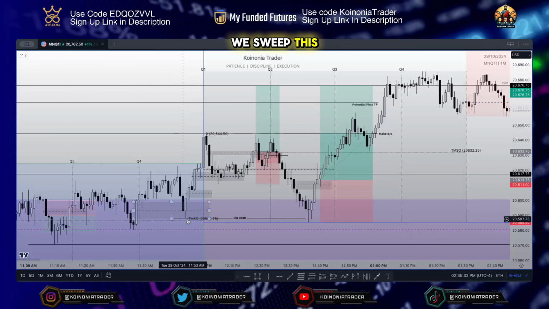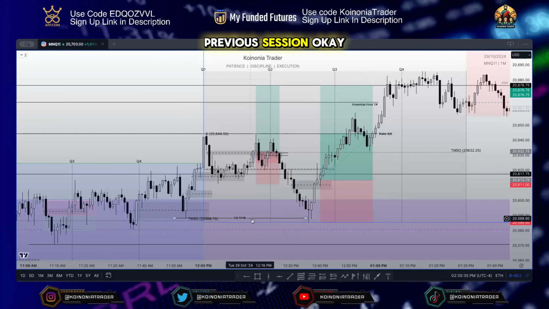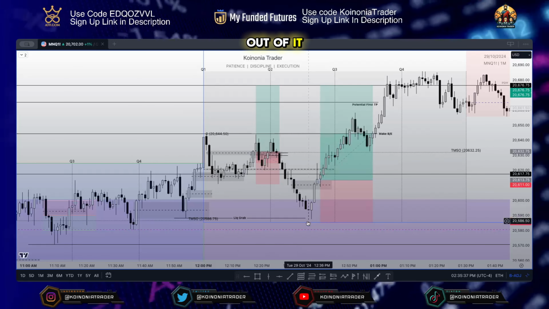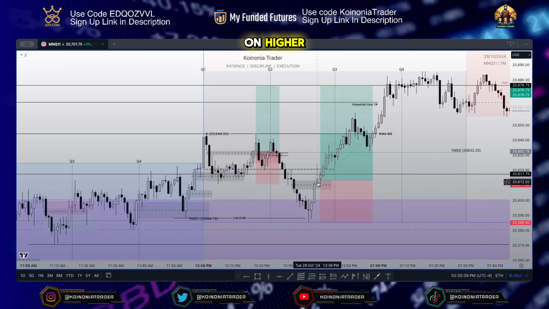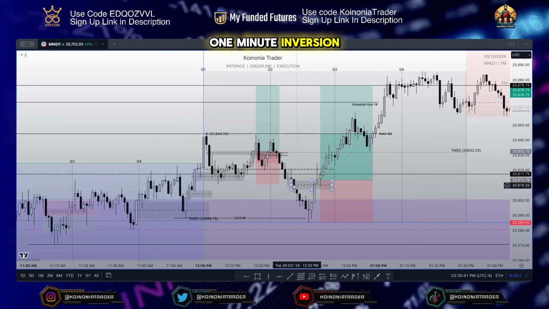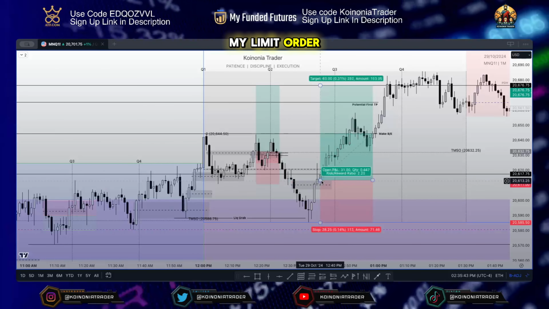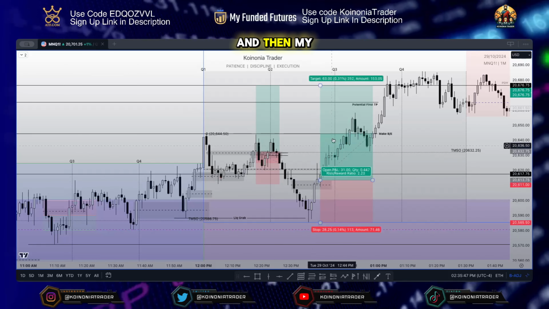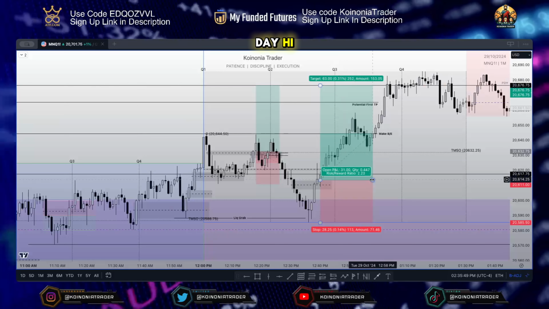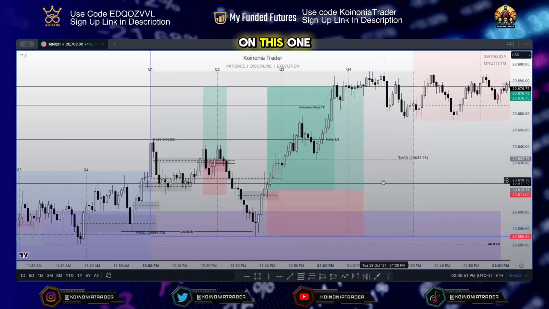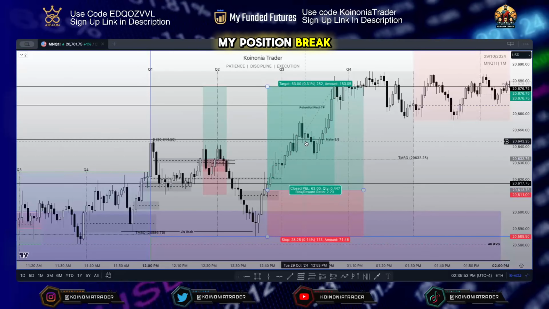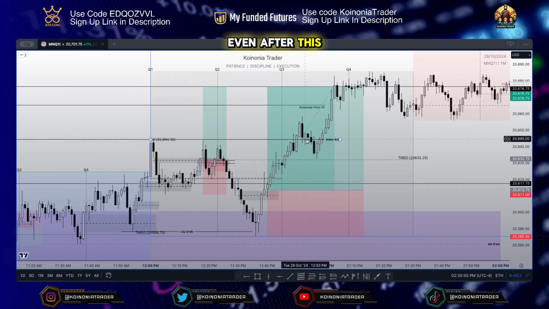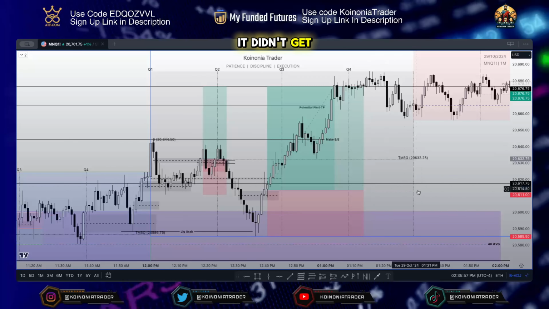We sweep this low from a previous session, and we react out of it, starts to move on higher. We get that 1 minute inversion fair value gap. So I put my limit order right here, and then a stop below that low, and my target was previous day high. I did not take any partials on this one. I actually made my position break even after this. And as you can see, it didn't get stopped out.